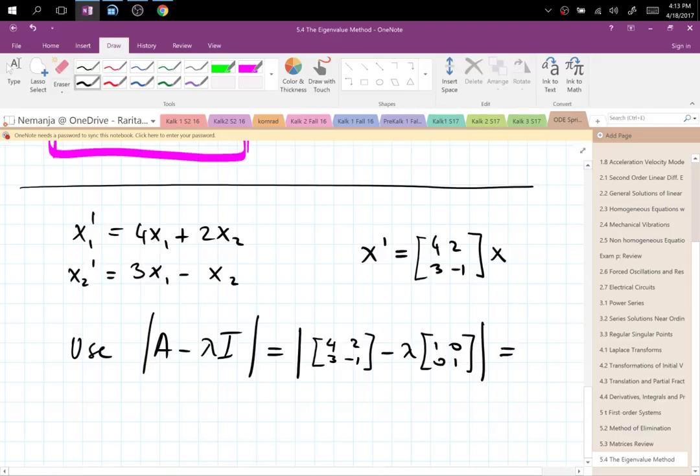So we're looking for that determinant. Remember, component-wise, lambda distributes for both ones. So you have 4 minus lambda, and then 2, and then 3, and then lambda.